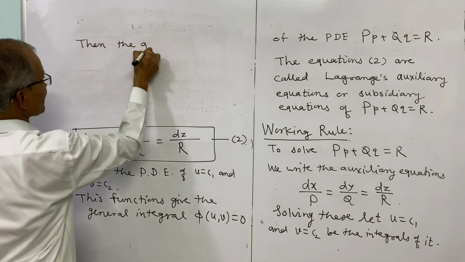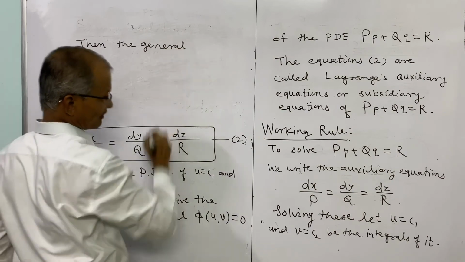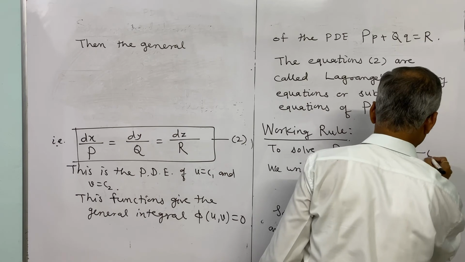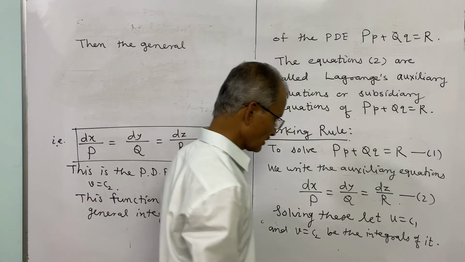Then the general integrals of, you may suppose this as 2 and this as 1.